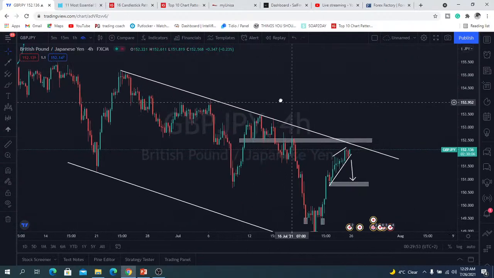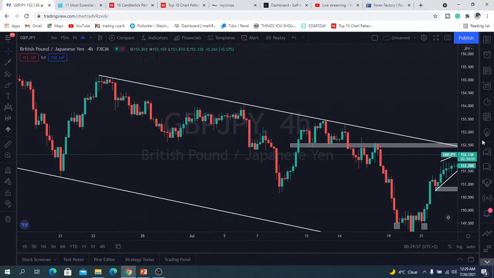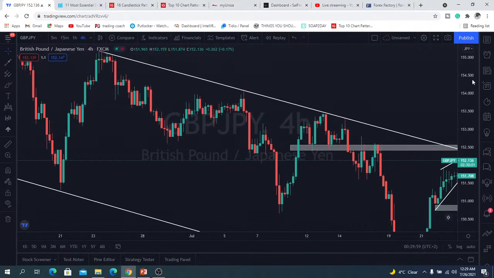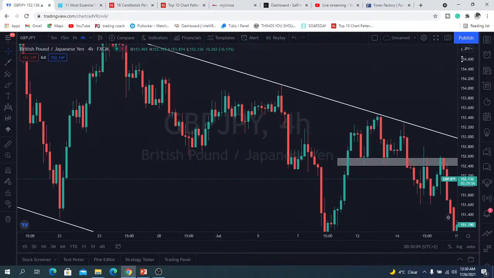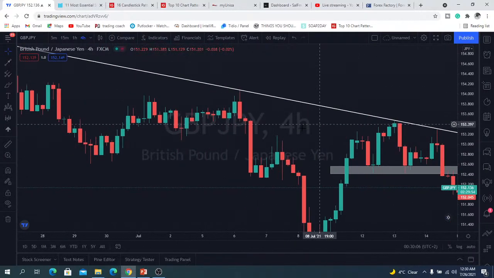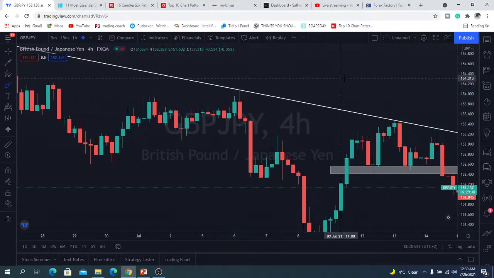Let me give you an example of a bearish engulfing. As you look right here, this is a bearish engulfing pattern, and it happens directly on the trend line. I don't want to mention what happened next.